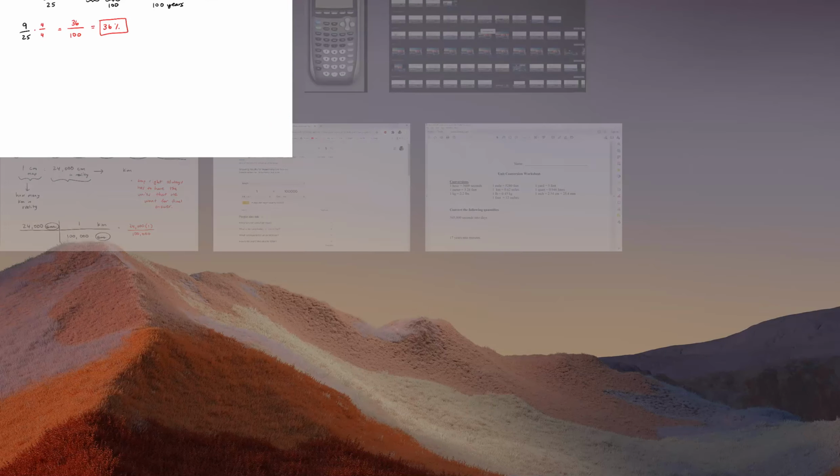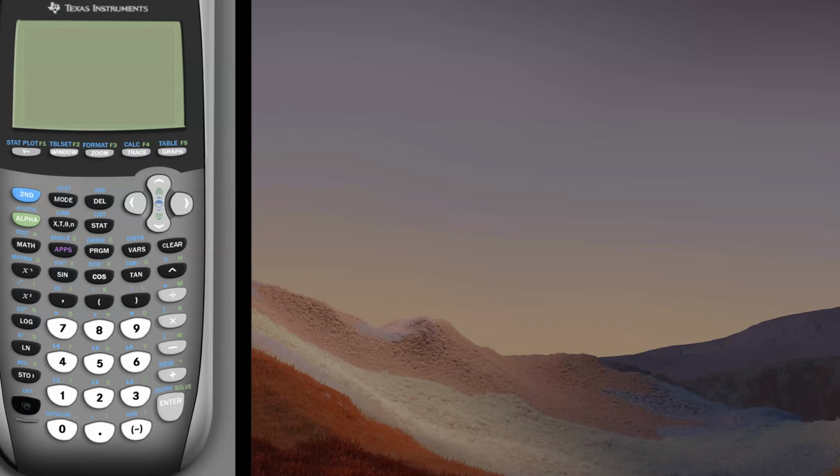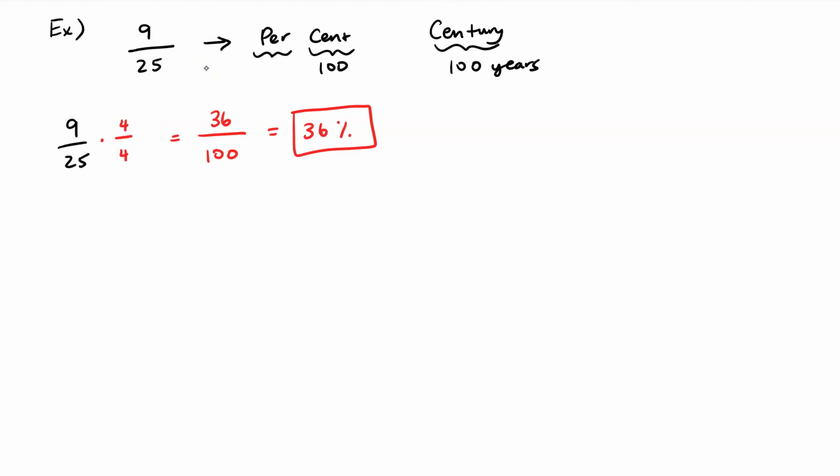Another way of doing this is if you don't want to have to deal with the fractions, then you can just use your calculator and say 9 divided by 25 is 0.36. So that allows us to convert it into a decimal. So 9 over 25 is equal to 0.36.